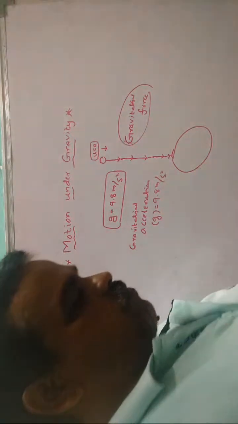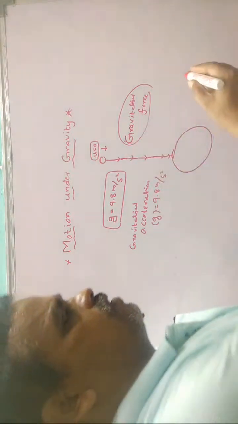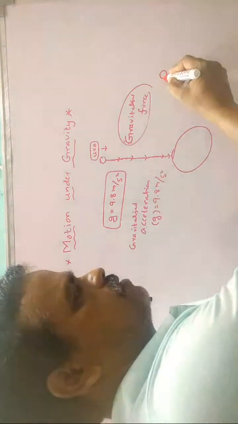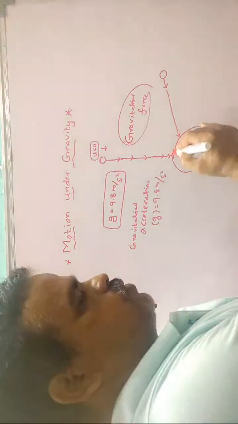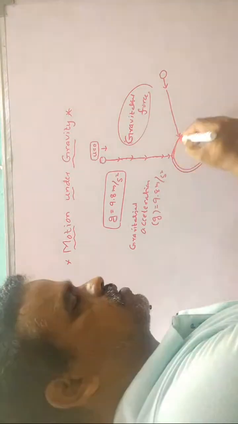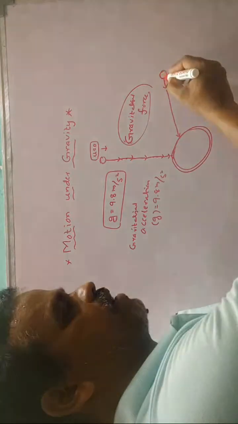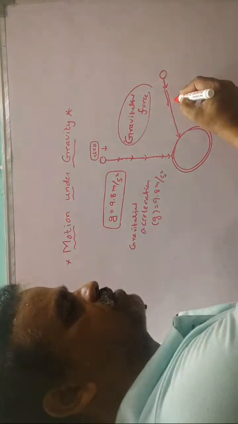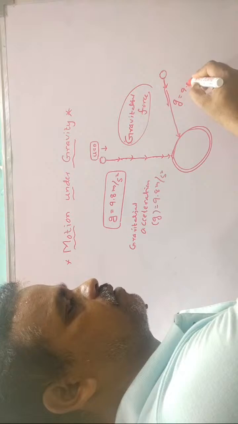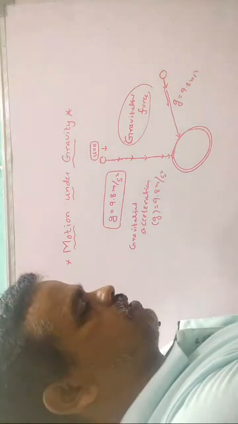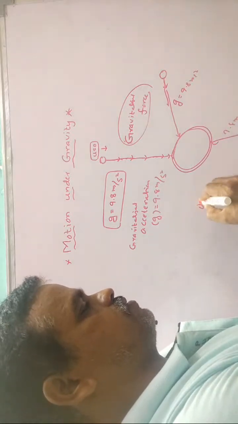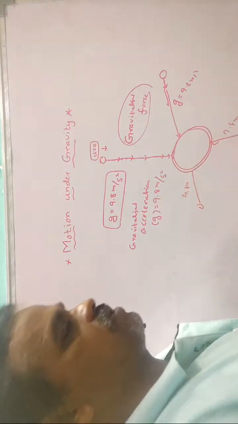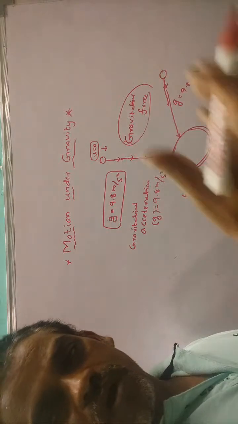For example, what it means is, if you drop any body or any particle, it will come to the earth. Due to the earth's gravitational force, the body will accelerate. It will get an acceleration equal to 9.8 meter per second square.